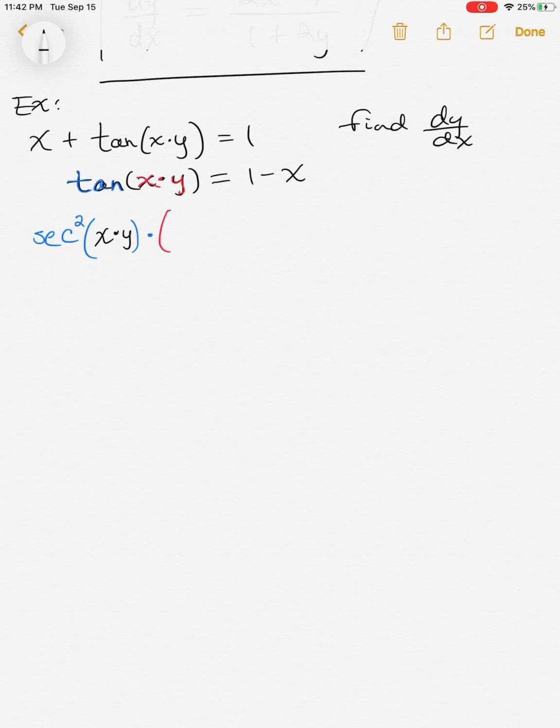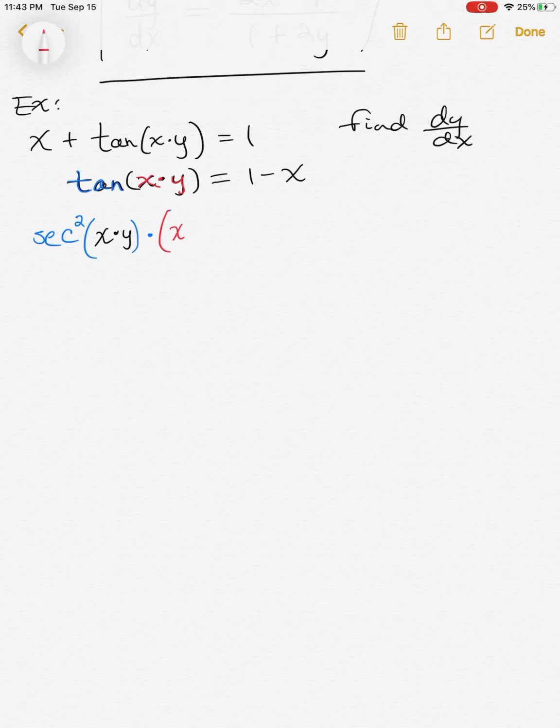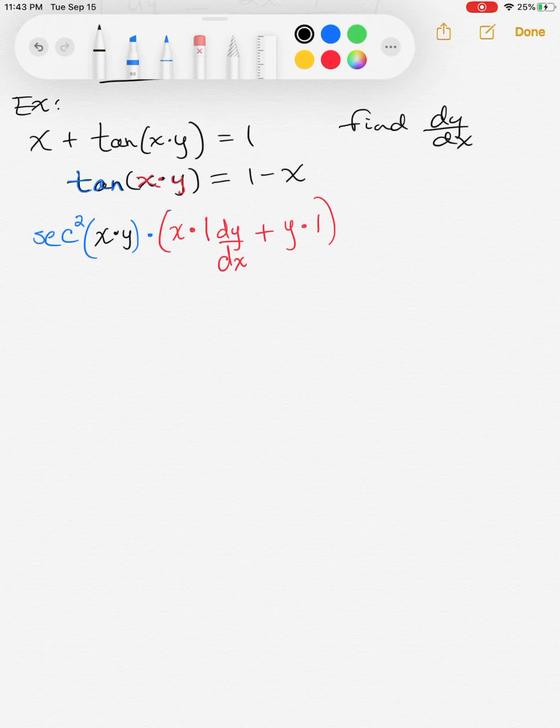What we're trying to find is dy/dx. We have a product rule going inside our function. So we're going to take the first, which is x, times the derivative of the second, which is y, plus the second, which is y, times the derivative of the first, which is x.